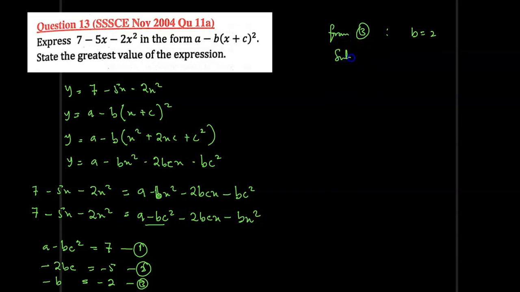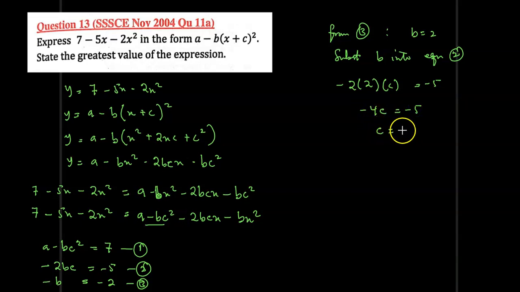So substituting b into equation number 2, we have minus 2 times 2 times c equal to negative 5. That gives us negative 4c equal to negative 5. Dividing both sides by negative 4, c is 5 on 4.